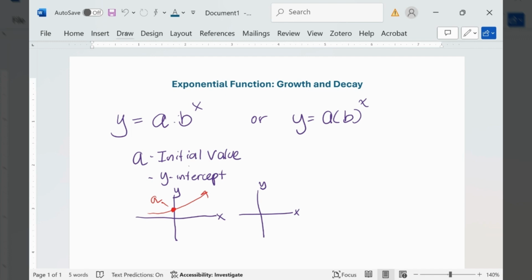It looks like this. Okay, so this is your a. Now we identified the a.